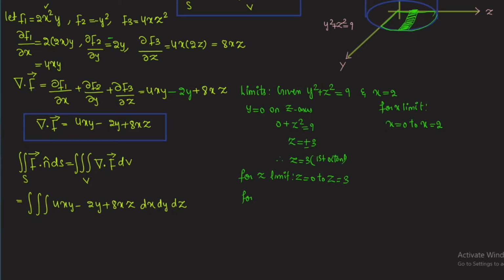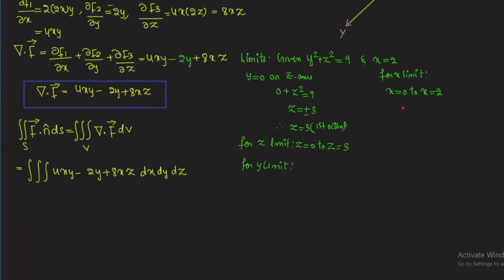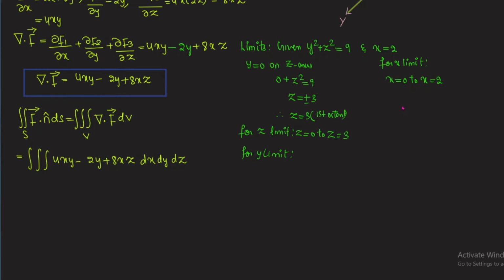Now for the y limit, see here, this strip is parallel to the y axis, so its lowest part is y equal to 0. Y equal to 0 is the lower limit.